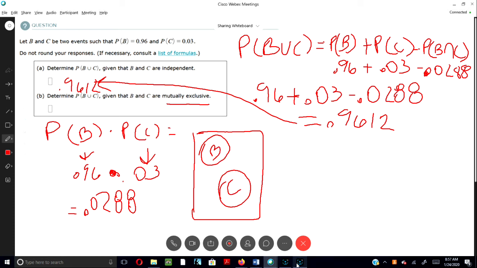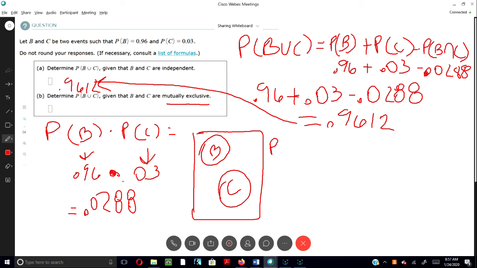So now we'll work this problem out a little bit differently. However, we'll be using the same mathematical formula, but we will put a 0 there as opposed to putting in the intersection. So we'll be putting down the same numbers.